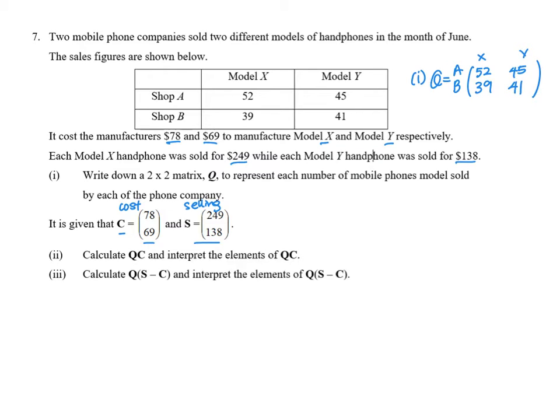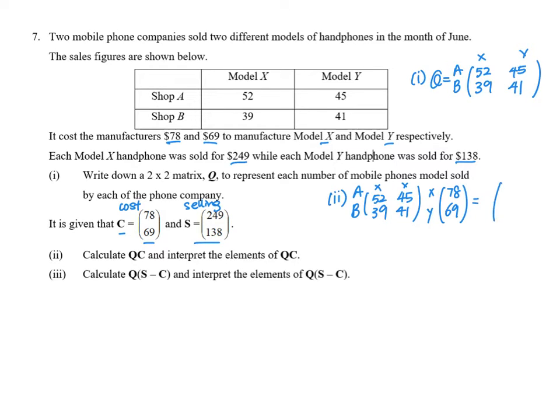Calculate Q times C and interpret the elements of QC. So let's calculate Q times C, part 2. For QC, that will be taking the quantity, Shop A, Shop B, multiplied to the cost. Cost is Model X, Model Y, 78 and 69.